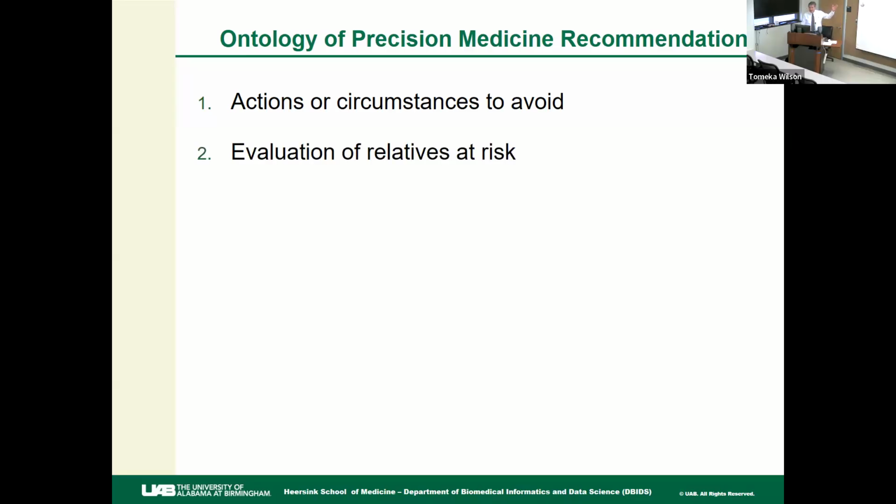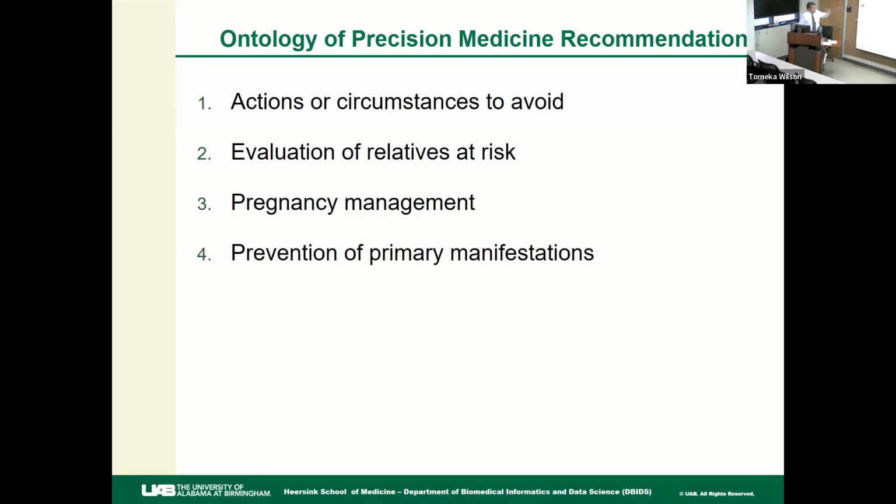Tell your relatives to get evaluated. Do things differently for pregnancy, monitor pregnancy earlier, but a lot of things around pregnancy management. Prevent the primary manifestations of this possible disease, or prevent the secondary complications by giving patients medication.